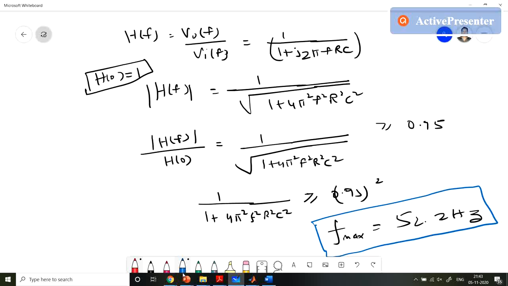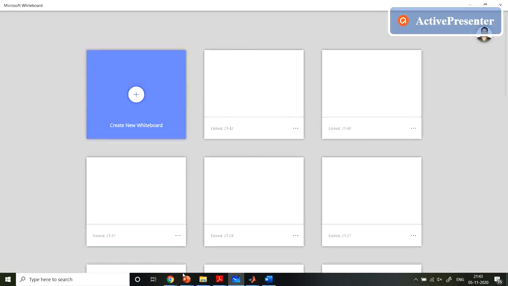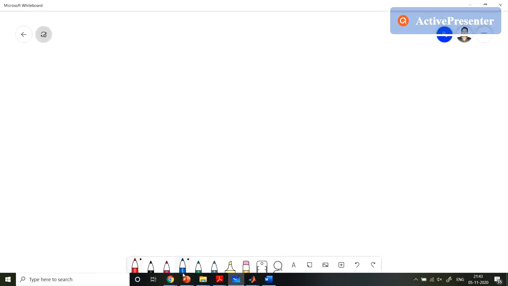So this is the maximum frequency for this condition to be true. Let us do another problem.